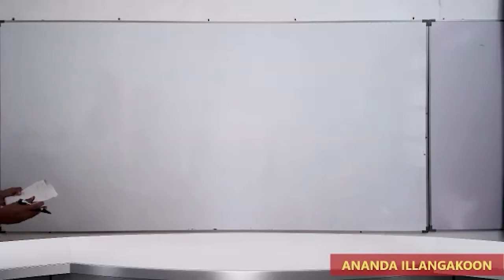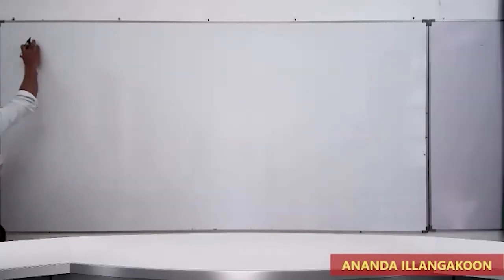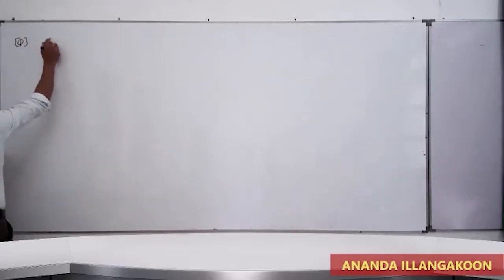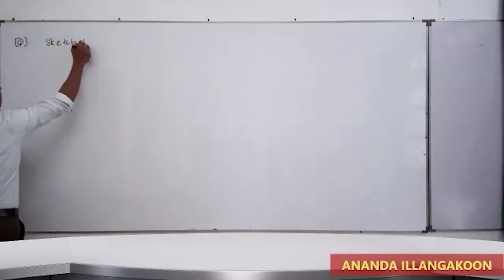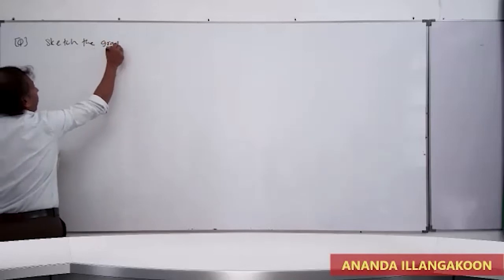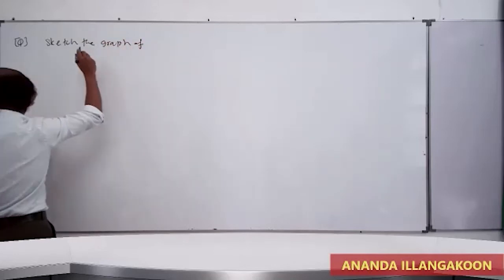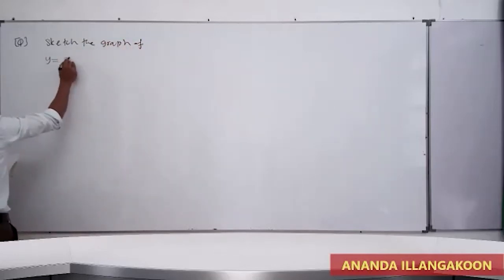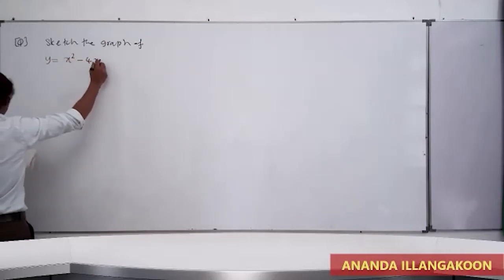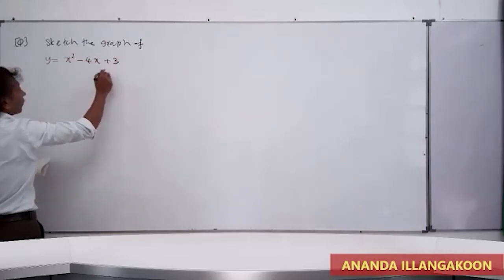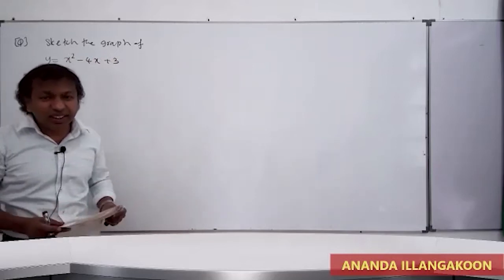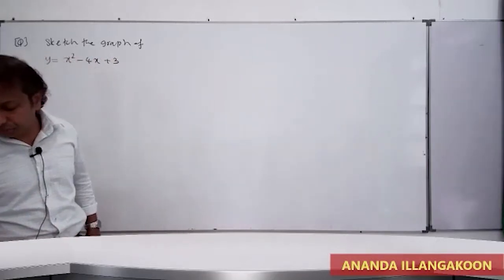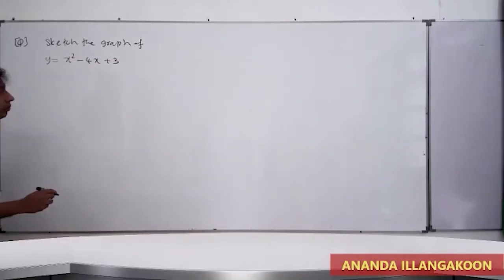First graph I take this way. See here, as the question, write down: sketch the graph of y equals x squared minus 4x plus 3. People, suddenly we can complete the square.